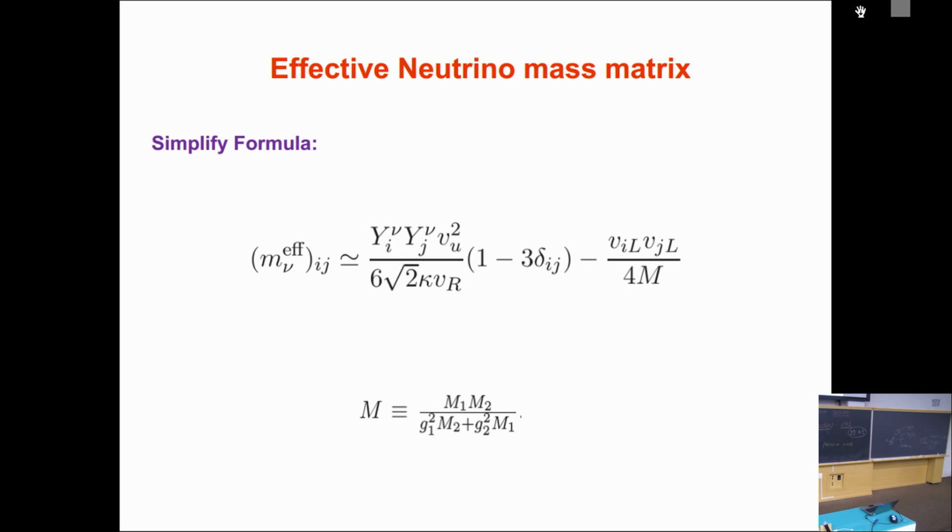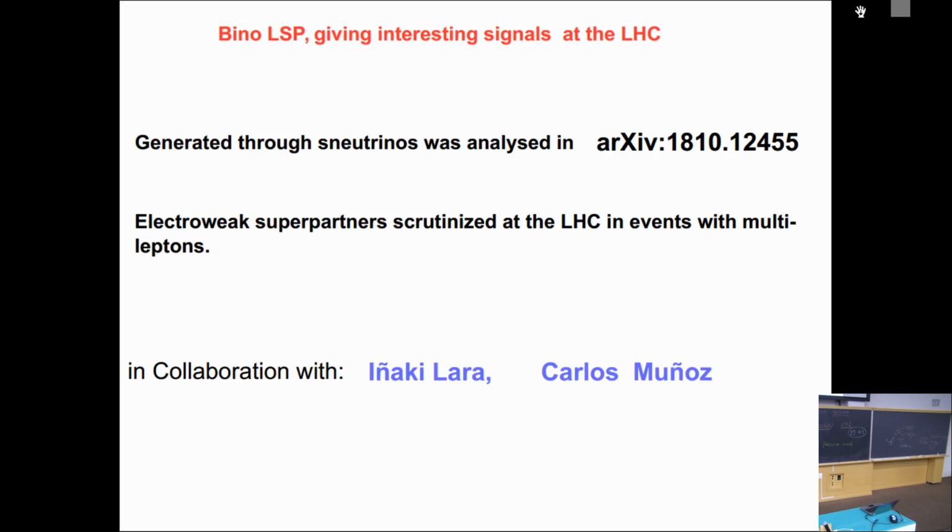This is not the exact mass matrix for the neutrinos, but if you think on this, you are going to get more or less the correct result. And you are seeing this, no? Yukawas are diagonal. Here you have used only one value for the Majorana mass, and you are obtaining a mass matrix that is mixing everything together. That is, you could obtain with diagonal Yukawas the angles we know that are measured.